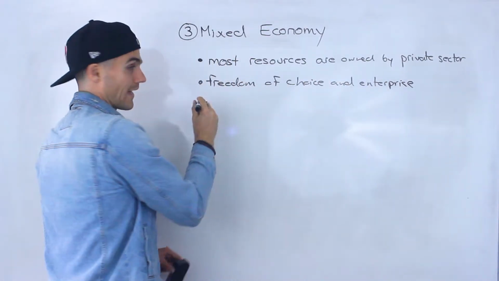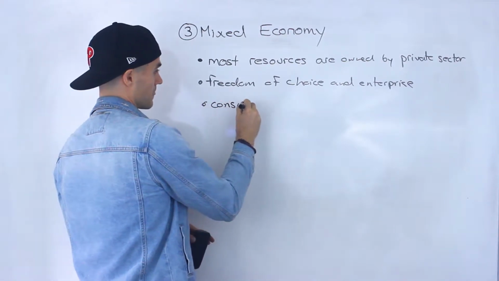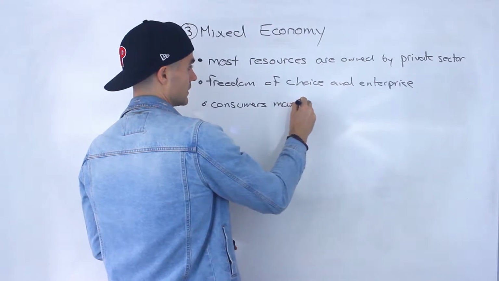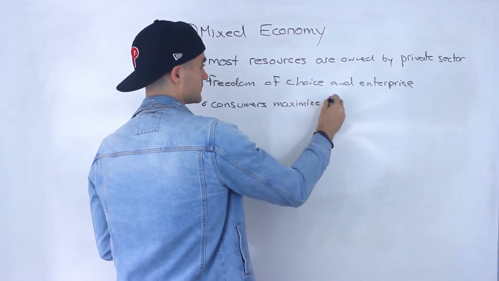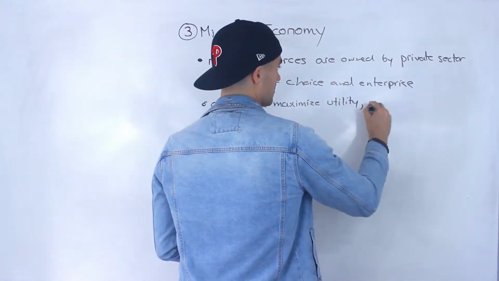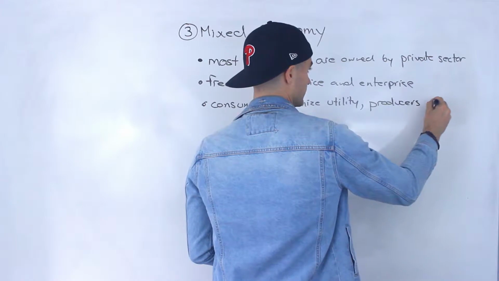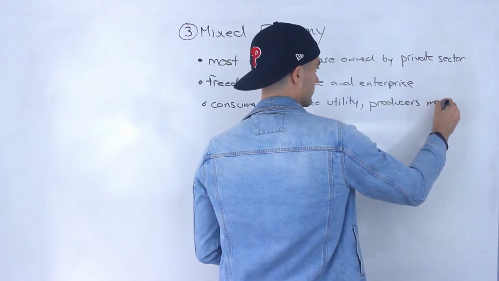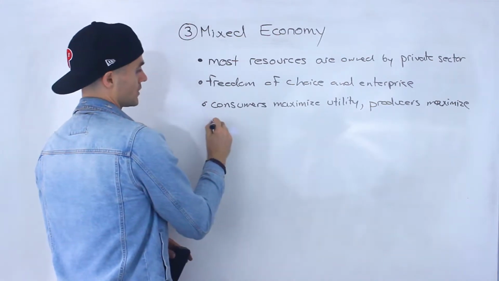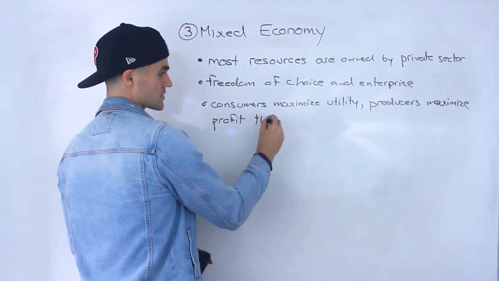So on one hand, consumers are free to maximize their utility, and then producers maximize profit. And then both of these parties are doing this through their self-interests.